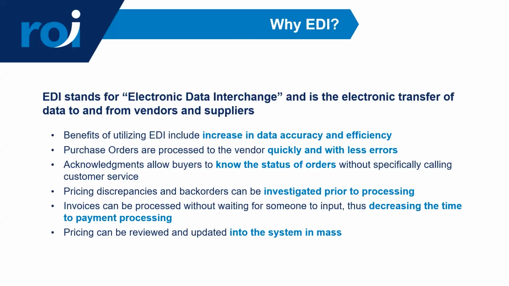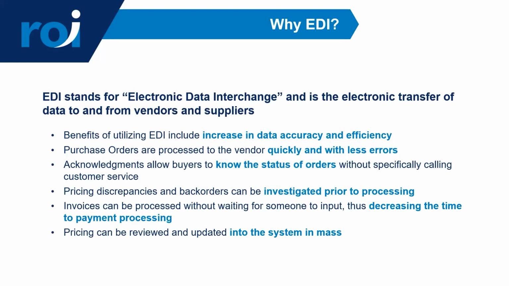So what is EDI? EDI stands for Electronic Data Interchange. And basically, this is the electronic transfer of information between you and the vendor. EDI allows you to increase your data accuracy. You're taking away that human element of the transmission.